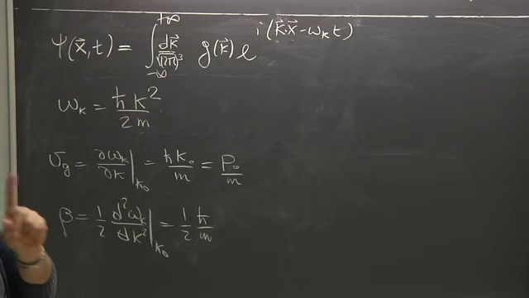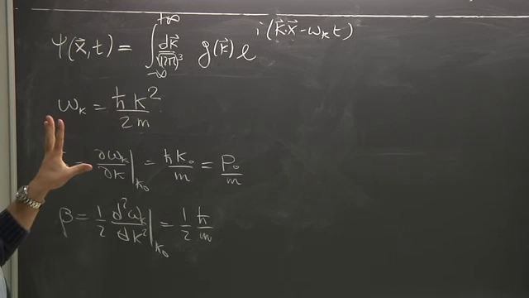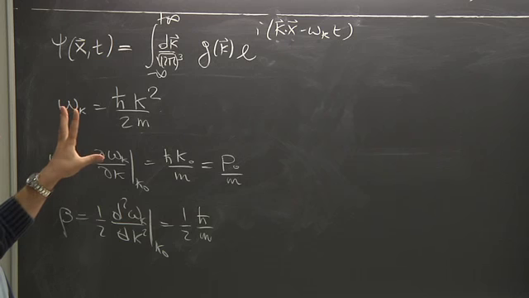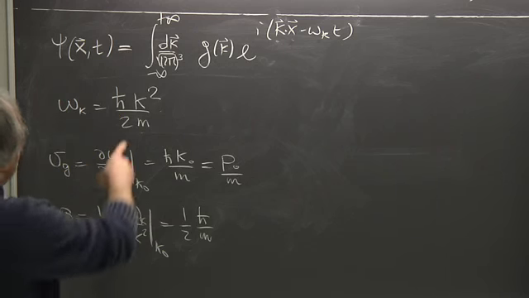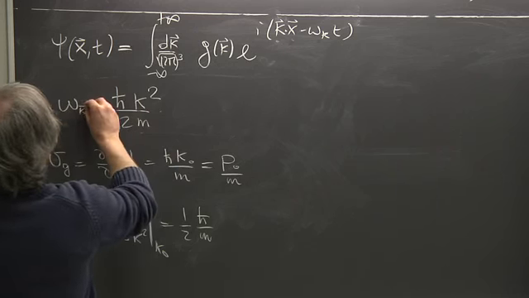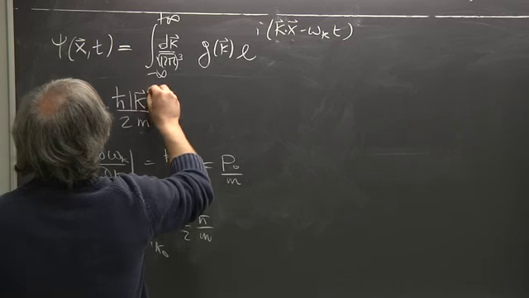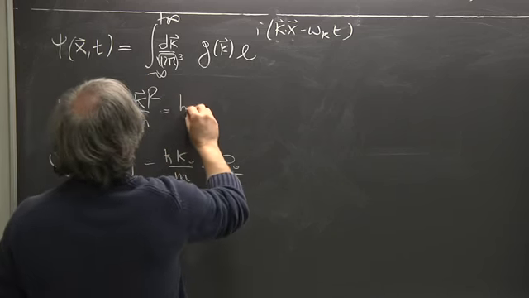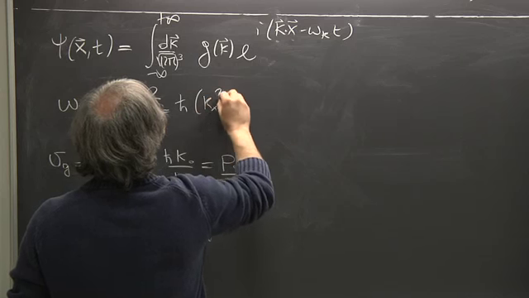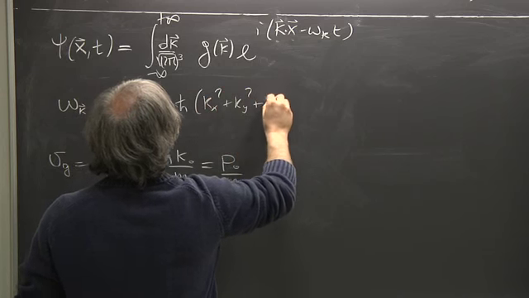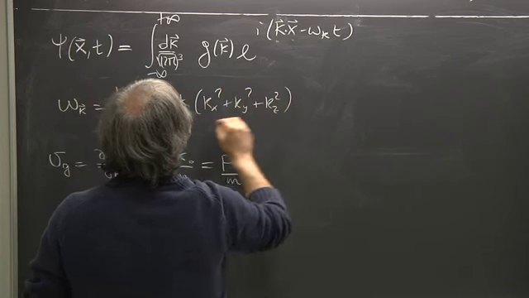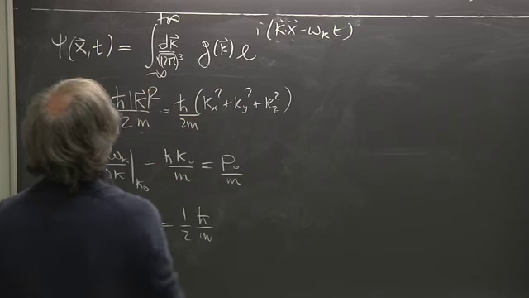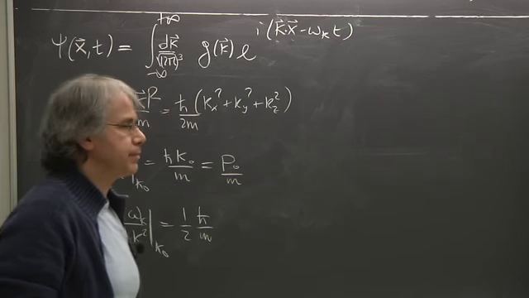Remind you, for a free particle, there is no potential here whatsoever. It's a particle moving in vacuum, but non-relativistic. The analog of this, obviously, is k squared, okay? So kx squared plus ky squared plus kz squared, to be explicit, okay? Over 2m, or k dot k, whatever.